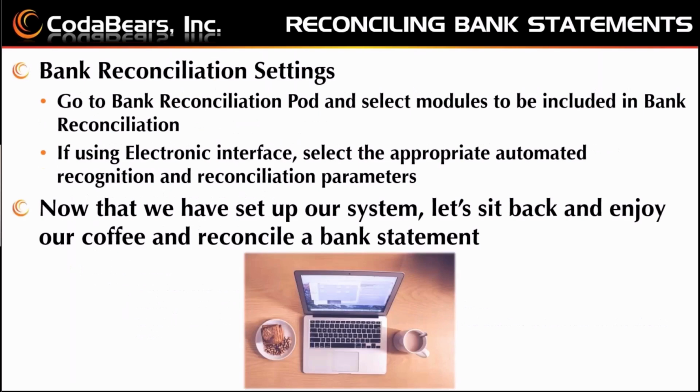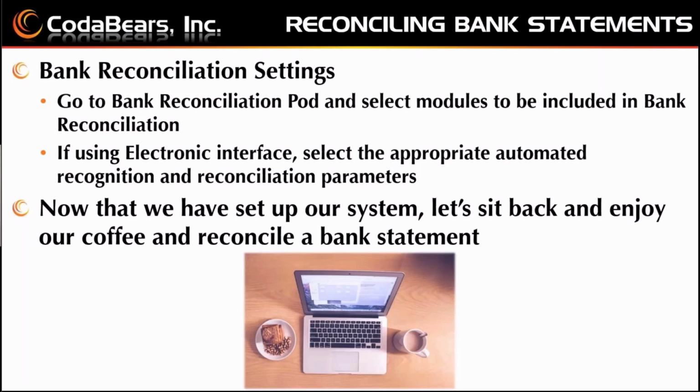The next thing is the bank reconciliation settings. We're going to go to the bank reconciliation pod, and we're going to select the modules to be included in bank reconciliation. Some accounts are nothing more than for receiving checks or cash payments for your receivables, and so you might only want to attach accounts receivable to a certain bank.